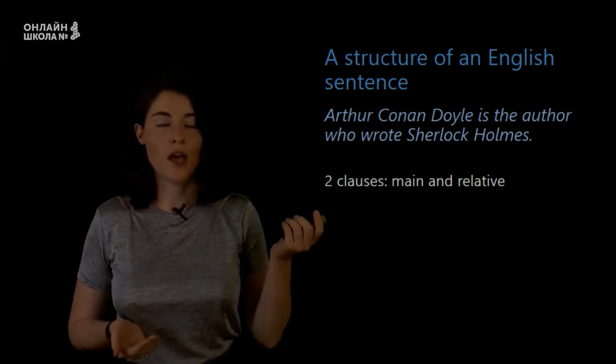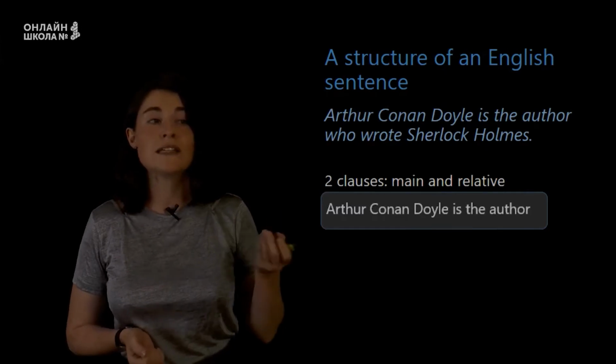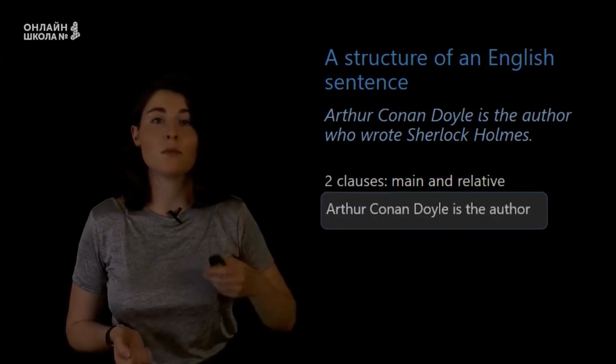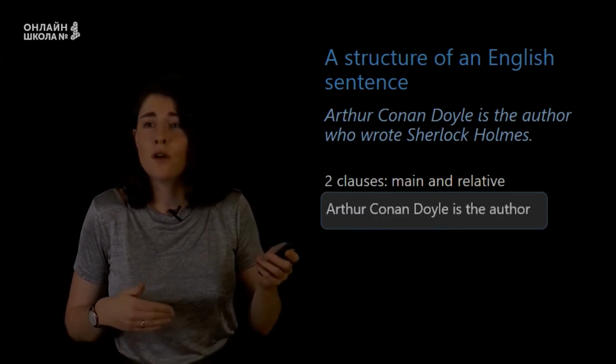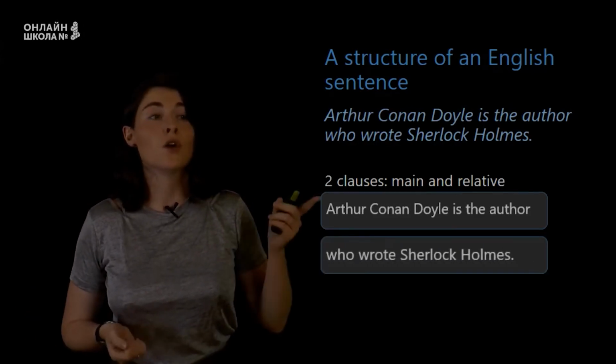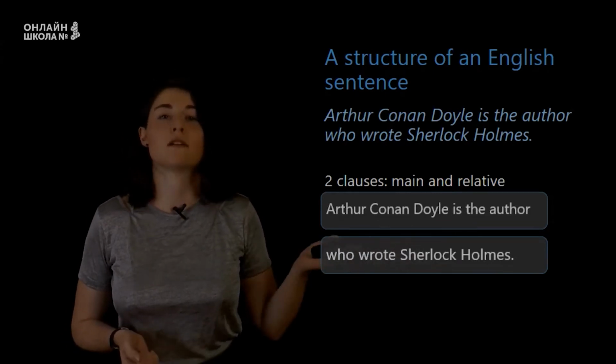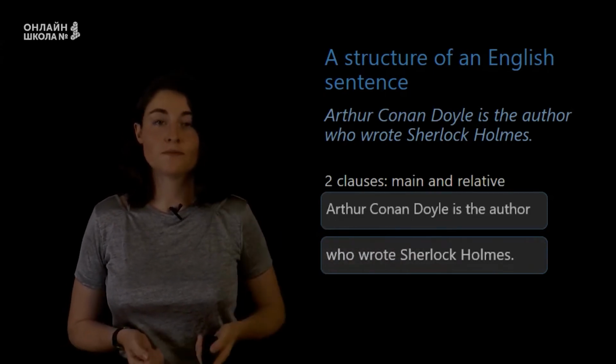For example, here we have the main clause, which is Arthur Conan Doyle is the author. The main clause, the author, what author? So this is the author who wrote Sherlock Holmes. And this is a relative clause.